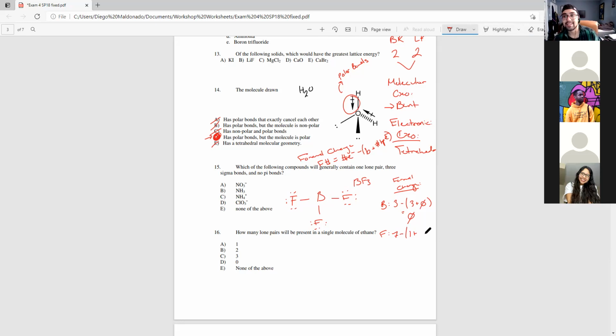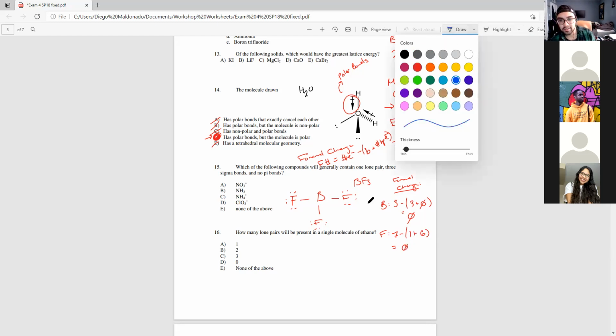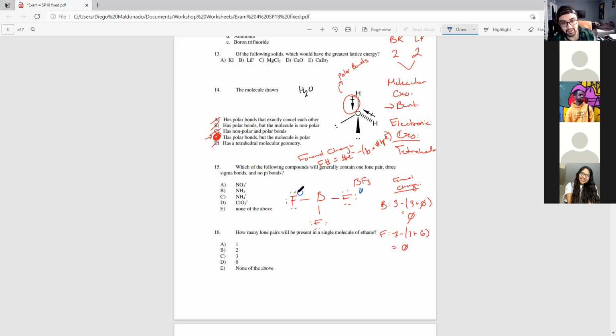That's lone pairs, but lone pair electrons. Yeah, 6. There you go, Noah. 1, 2, 3, 4, 5, 6. So what's my formal charge? 0. That means the formal charge of all these fluorines is 0, 0, 0, and 0.